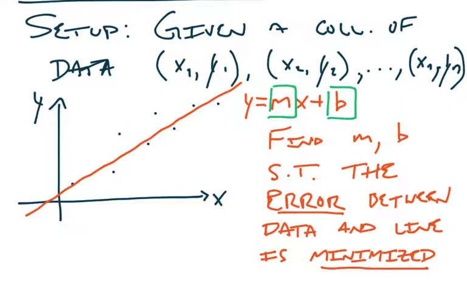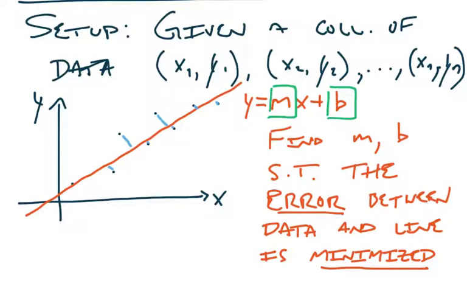You can see that there's a non-trivial amount of error going on. If I draw just how far away from the actual line the data is in blue, the actual data points have some non-trivial distances away from the line. If you were to add up all of the lengths of these blue segments, then you would have some sense of how far away the actual data is from the red line.